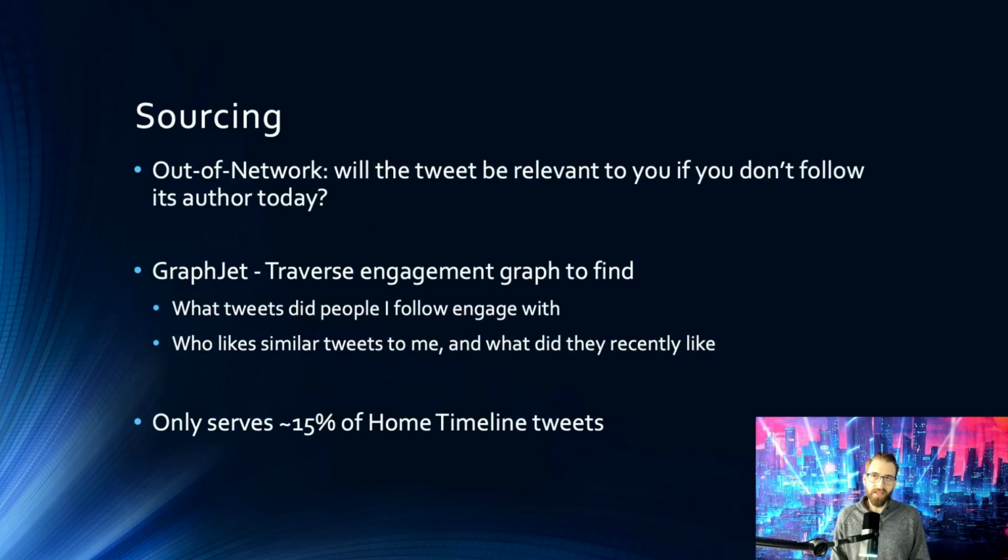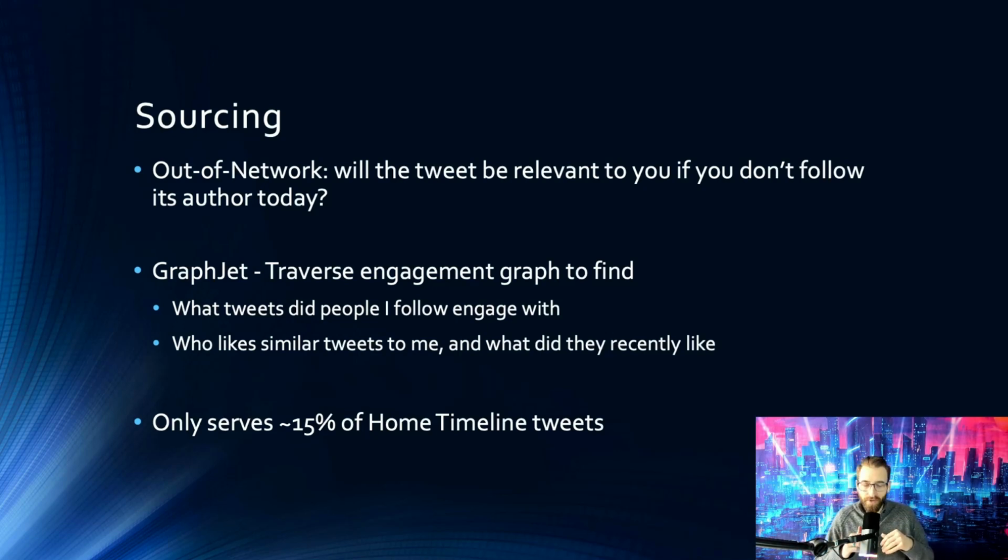Out of network is a bit tougher because you have so many millions of tweets. How do you pick the ones? So there's a couple different ways that they've done it. One of them is it looks for what tweets did people that I follow engage with. So this is where you get your sort of social network, your group, your cliques, what have you.